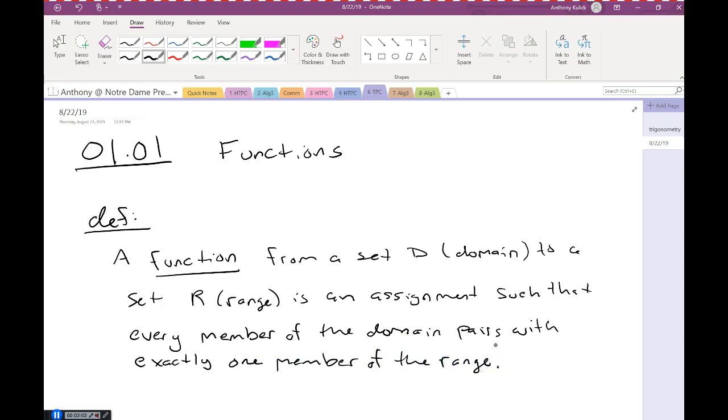We say a function from a set D, we call that set the domain, to a set R, we call that set the range, is an assignment such that every member of the domain pairs with exactly one member of the range. And it's this exactly one part that's the important part for our function definition.